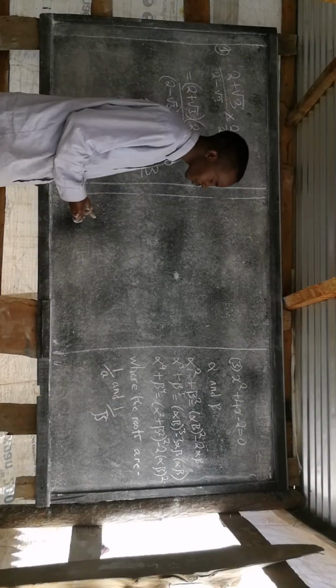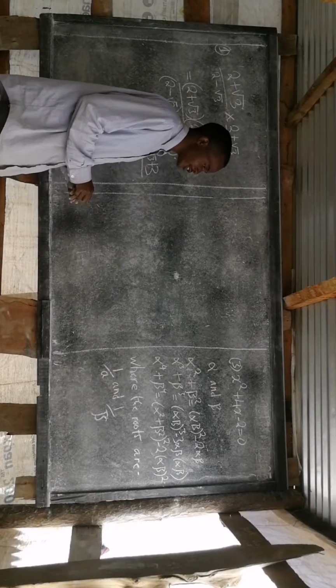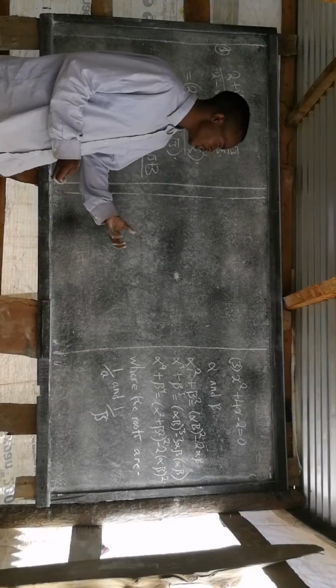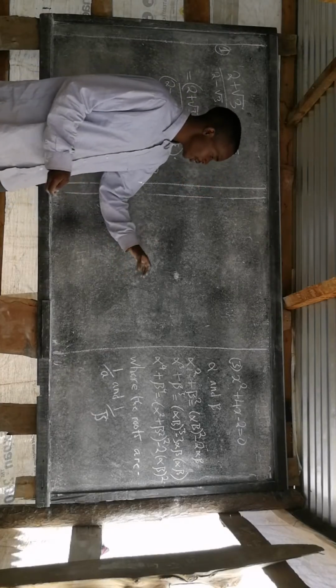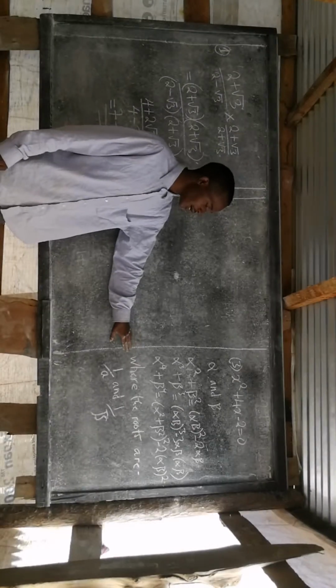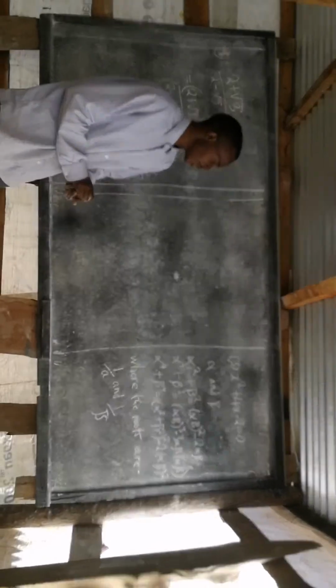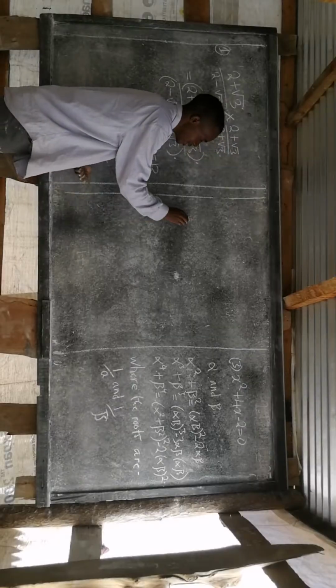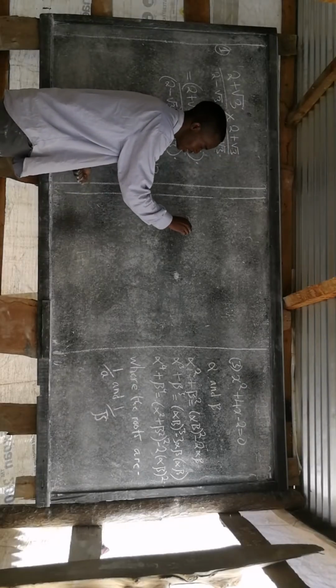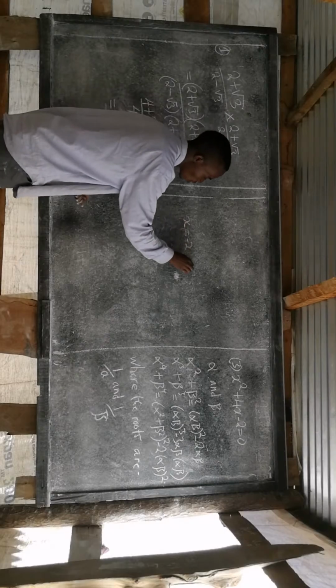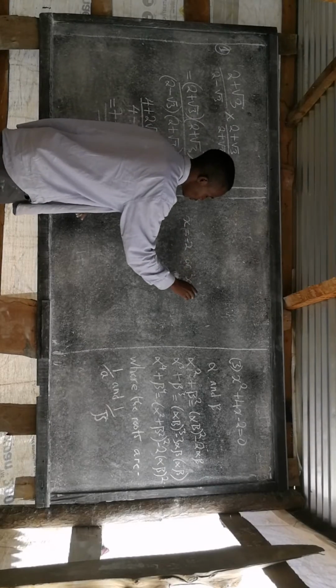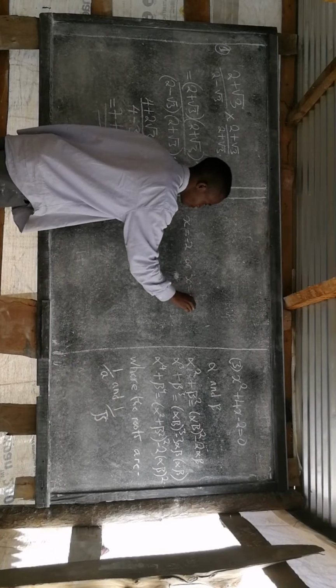Now, what is the root? The root of the equation, you learned about in quadratic functions. When you factorize for x, for example, you get x is equal to negative 3, or x is equal to negative 4.